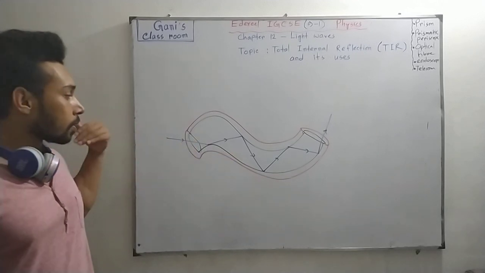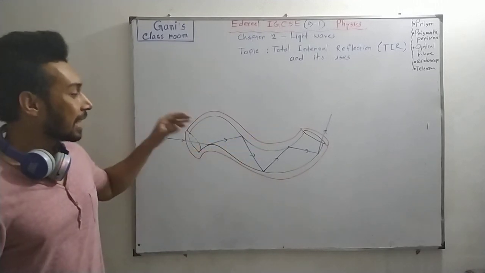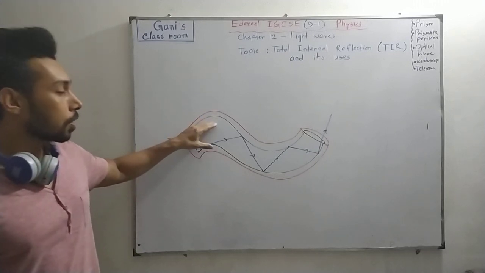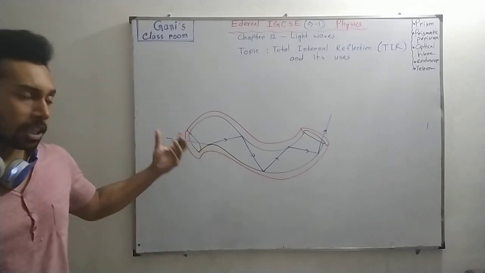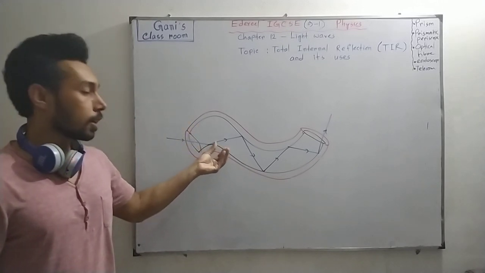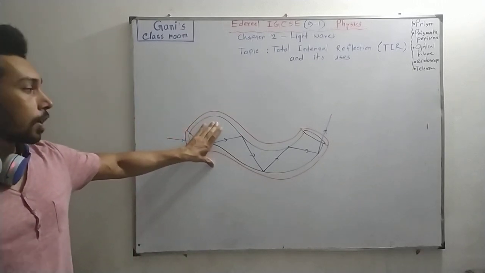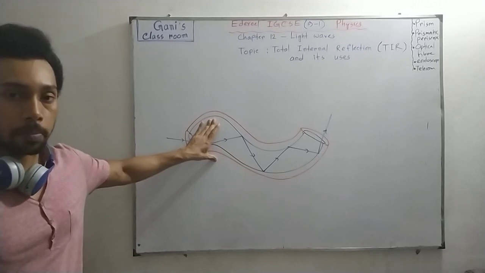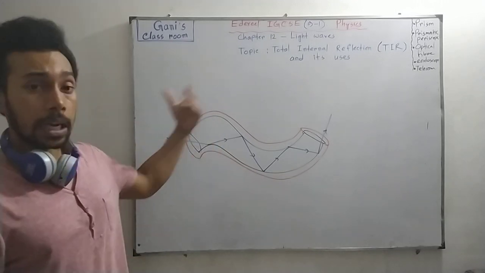When you send a signal through optical fibers, no signal is lost, because the medium doesn't absorb much energy from the signal. That's why nowadays telecommunication systems use optical fibers to transmit information from one part of the earth to another.